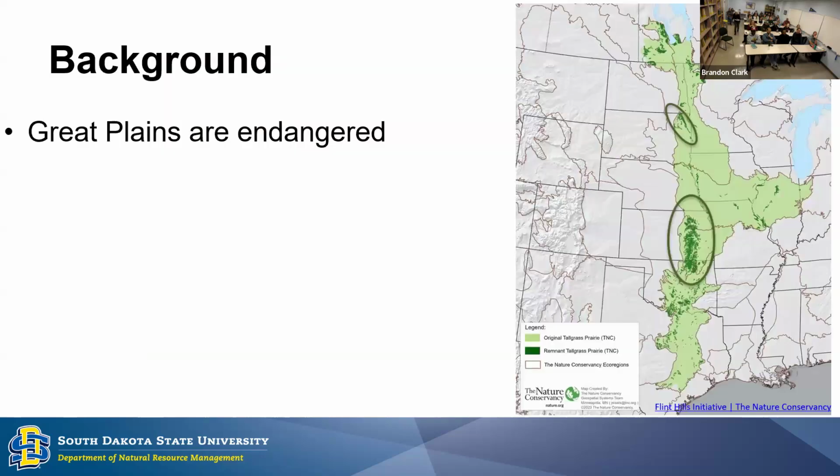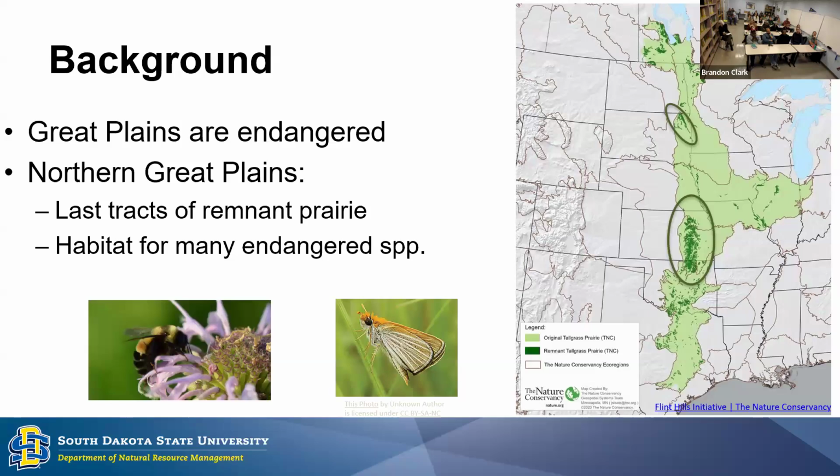And because of losses of the grasslands, the Great Plains are an endangered ecosystem, and they have suffered great losses. And within the Great Plains, there's also the Northern Great Plains, which contains some last tracts of remnant prairies.